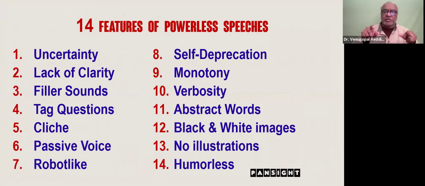Those are all filler sounds. They bring the speech quality down. Tag questions: "It is clear, and don't you agree?" That's a tag question, and many people will be forced to say yes.